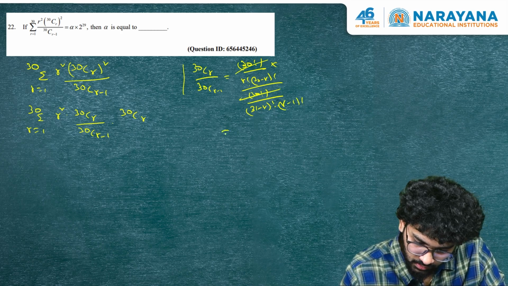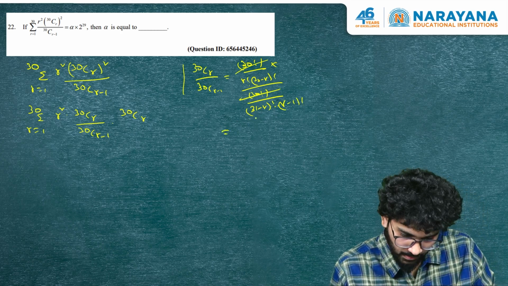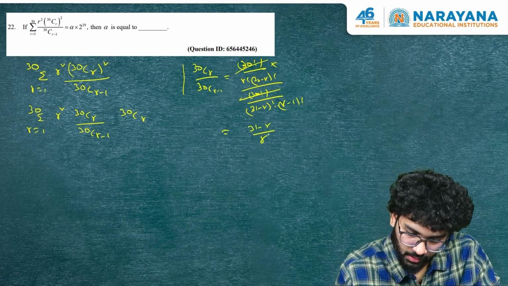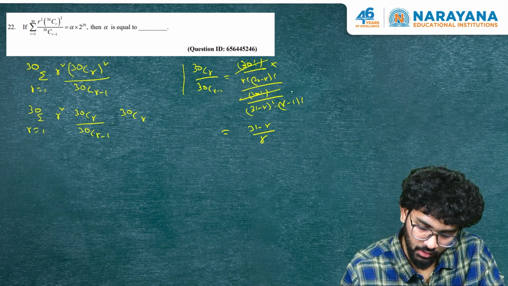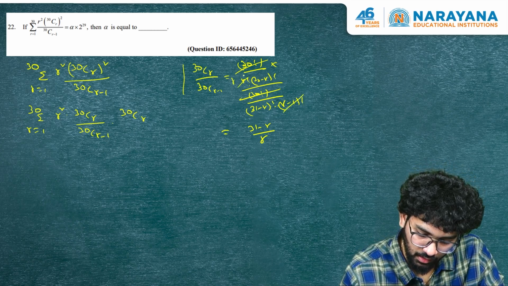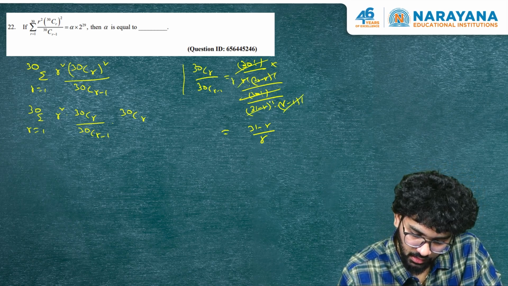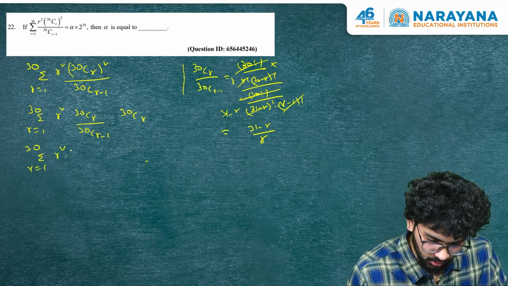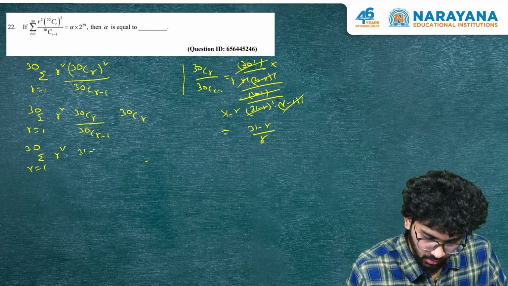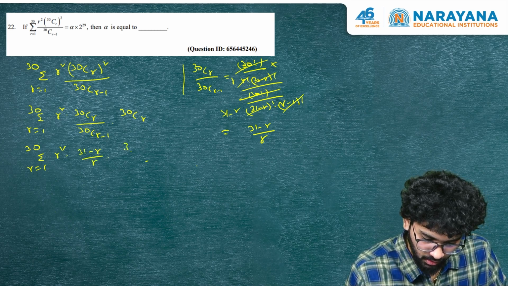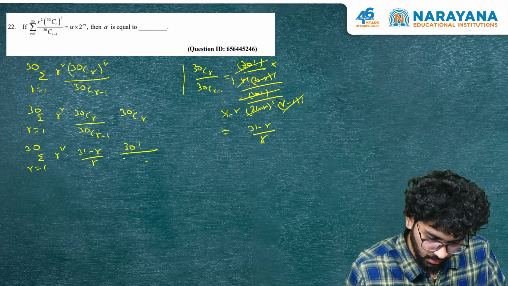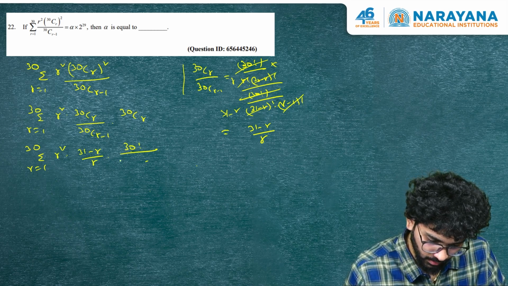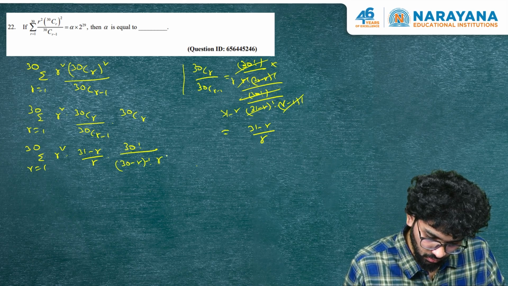This will cancel. This will be 31 minus r by r. If you cancel this thing, the r factorial, r minus 1 factorial will cancel r times, and this will cancel 31 minus r times. So sigma r equal to 1 to 30 r square into 31 minus r by r. I can write this as 30 factorial by 30 minus r factorial into r factorial.